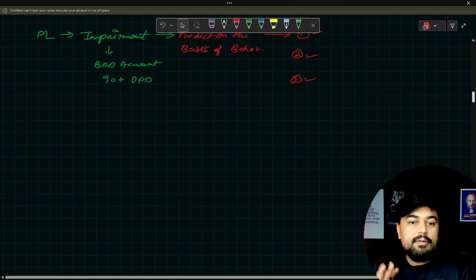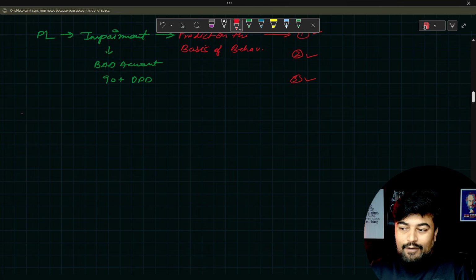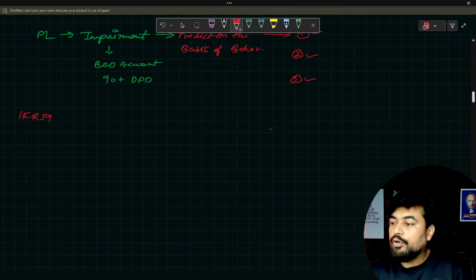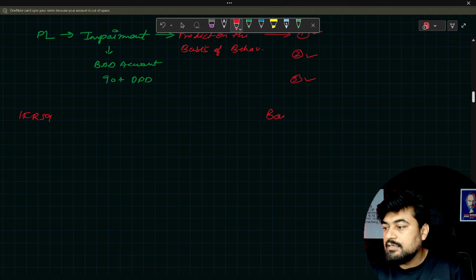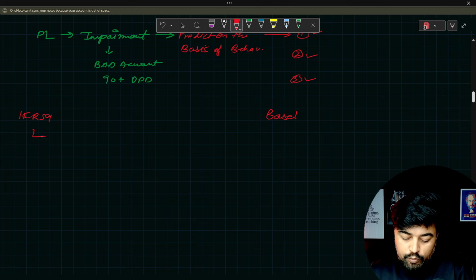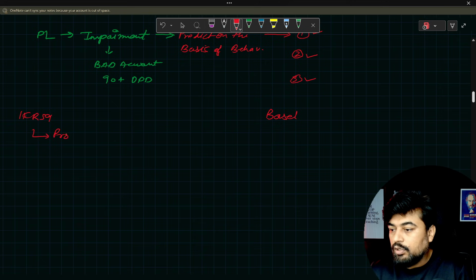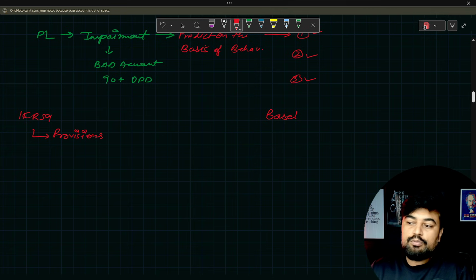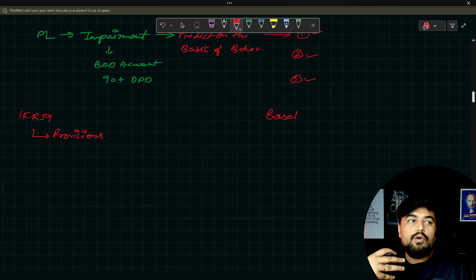Now just to summarize all this at the final level, because usually we have this doubt about IFRS 9 and Basel. I already spoke about it, but let me give you a quick summary. IFRS 9 speaks about provisions. What is a provision? Provisions are part of profit and loss: you have a net profit, and from the net profit you are securing some money in terms of provision.